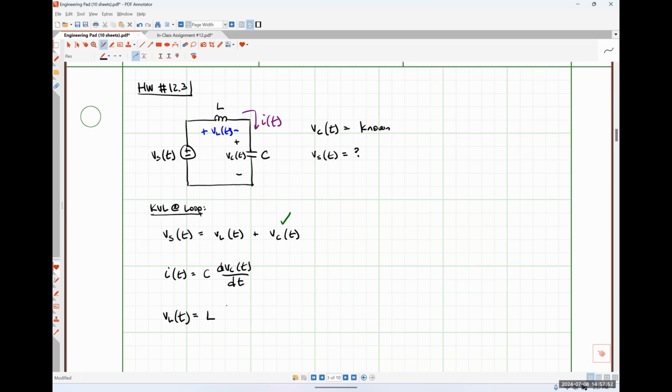So we're just going to have L times di by dt. And so if I were to substitute in I of t is equal to C dV by dt, that's just going to look like LC times the second derivative of the capacitor voltage with respect to time.